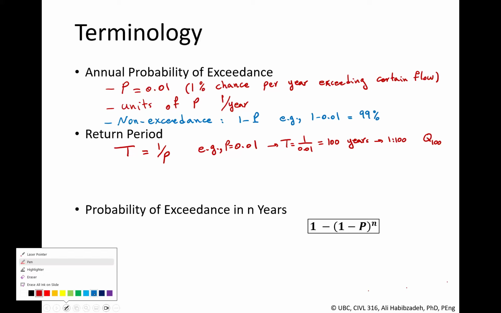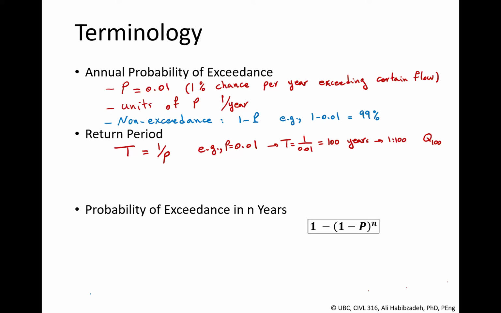What is this in terms of statistics? This is the statistical average time between occurrences of whatever event we're looking at. In other words, it's a statistical calculation. It's not deterministic; it ties to probability.